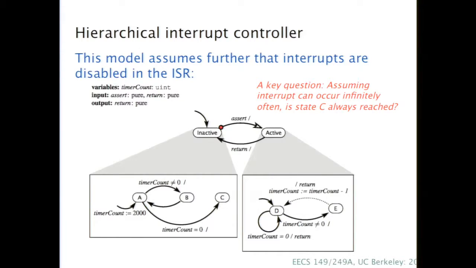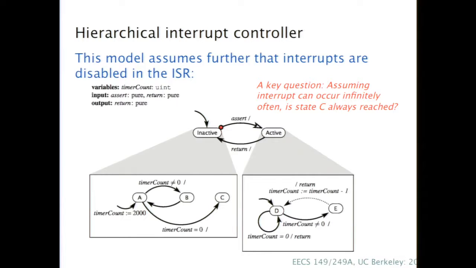Oh, actually, that is important, because if an interrupt request never occurs, the timer count variable is never going to get changed, and consequently I will never reach C, because timer count will never hit 0. So I do need that constraint. All it's saying is, the timer hardware didn't fail. It's going to keep requesting interrupts. That's what that assumption asserts.